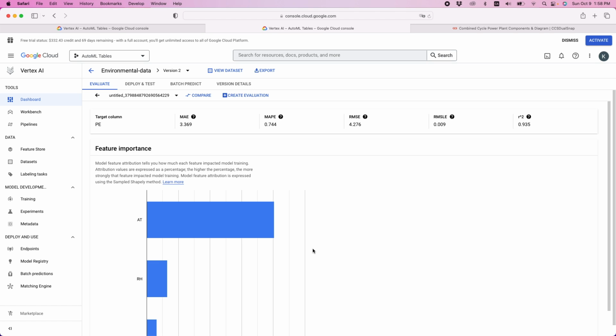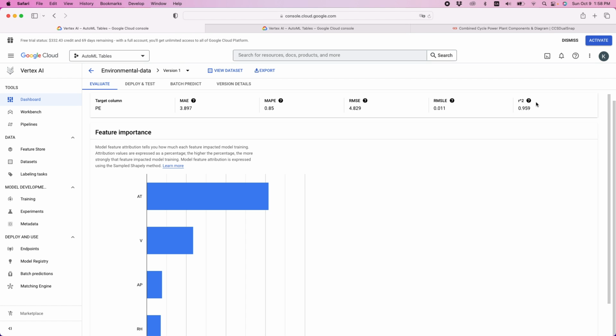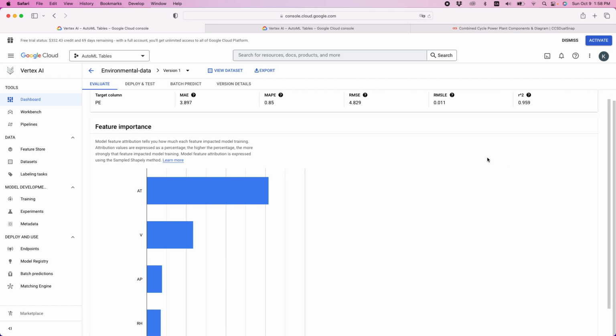What's interesting in this exercise is that our R squared for the model with three variables is less than R squared for the model with four variables. R squared tells us how well features included in the model predict our target output. So while the model with four variables has larger error, it actually has larger R squared. It means it better predicts our output target.